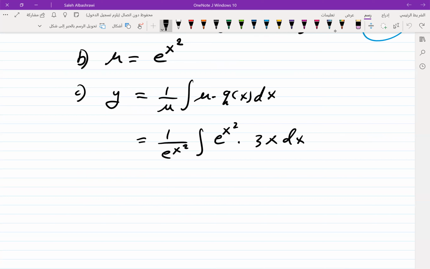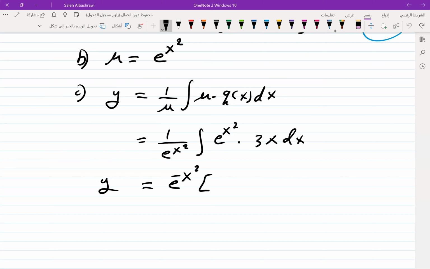And this will be written as y equal to e to power minus x squared integration of e to power x squared times 3x. This also can be done using integration by substitution.